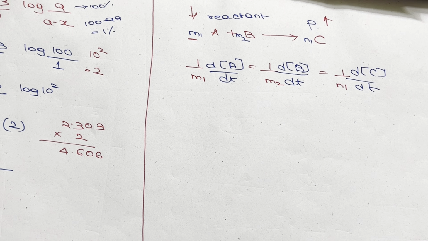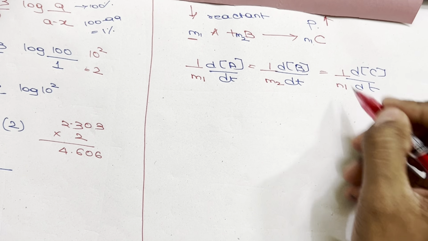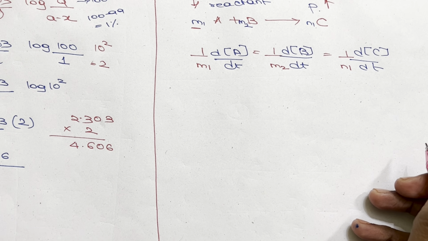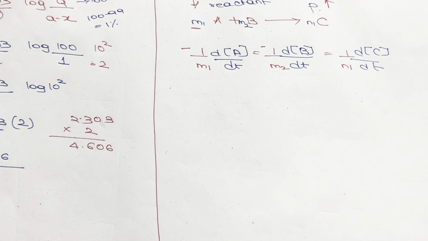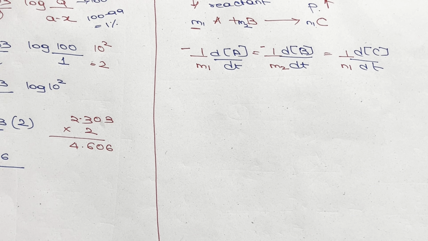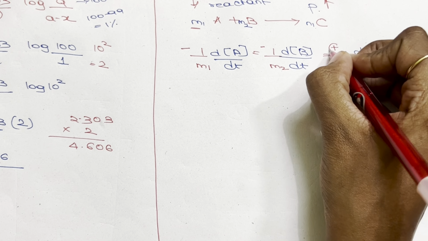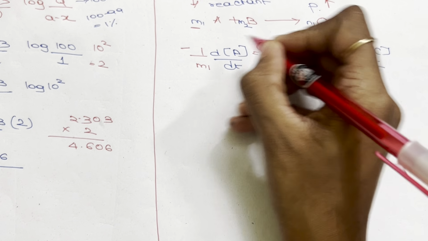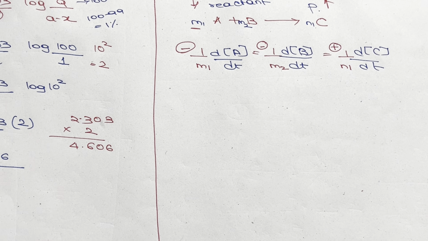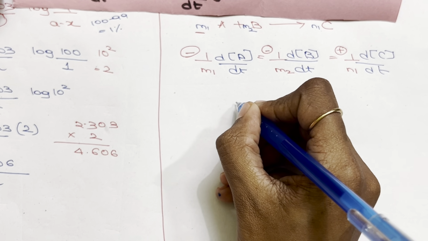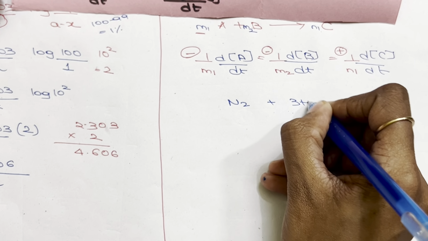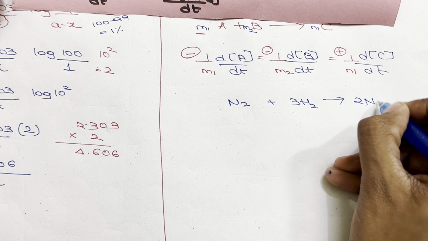So here we'll put a minus. Here minus doesn't mean it is negative, it just means that with time the concentration of reactant is decreasing, and we'll write positive, which means with time the concentration of product is increasing. Now let us compare this with the nitrogen equation: N2 plus 3 H2 gives 2 NH3.